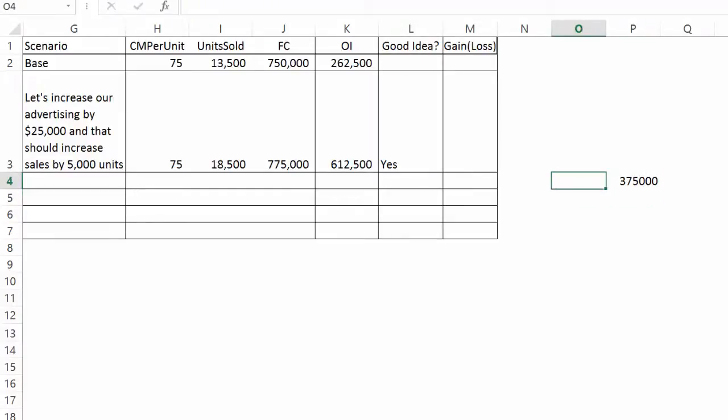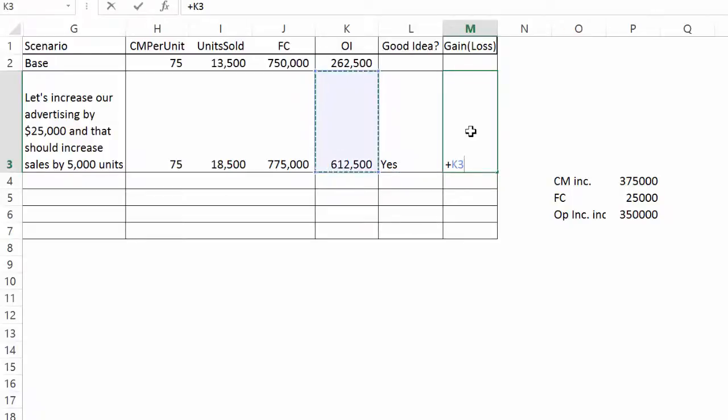That means that our contribution margin is going to increase by $375,000. Our fixed costs are going to increase by $25,000. So the difference between those two amounts is an operating income increase of $350,000.